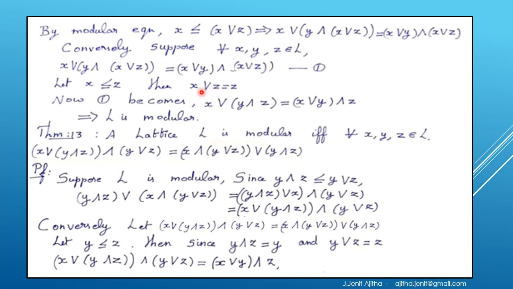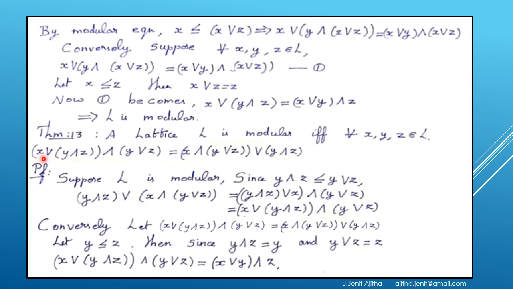The upper bound of x and z will be equal to z, and the lower bound of x and z will be equal to x. So x join z is equal to z. Now you can substitute this in equation 1 and we arrive at the modular equation. Therefore L is modular. The next theorem gives another necessary and sufficient condition for a lattice to be modular.